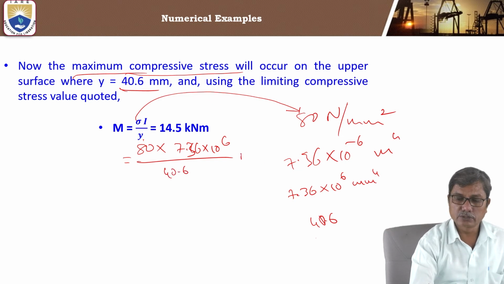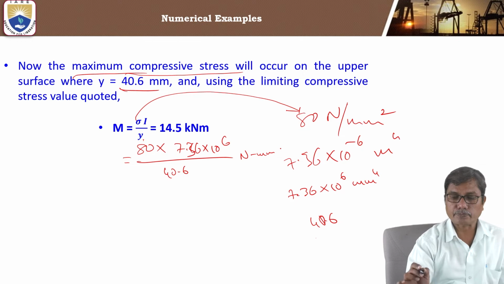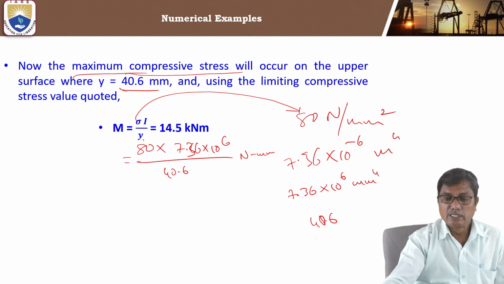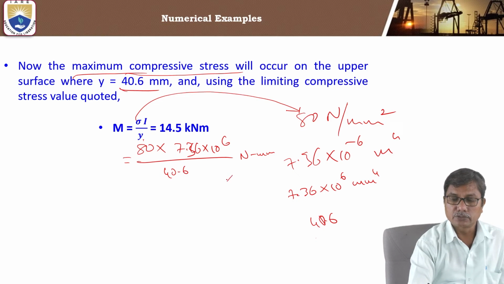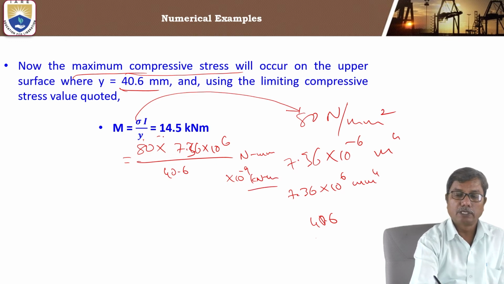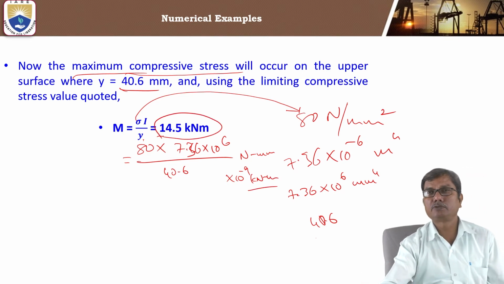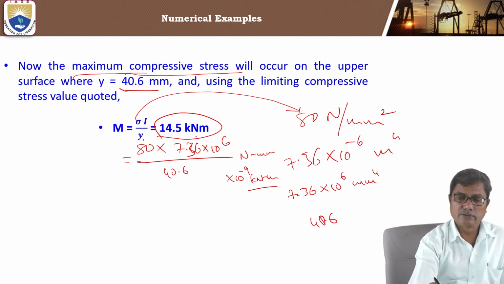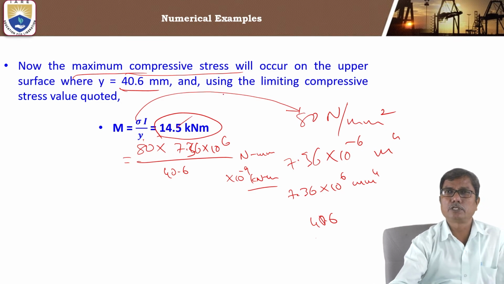So this gives the bending moment in Newton millimeters. Convert into kilonewton meters by multiplying by 10 power minus 9, and it comes out to be 14.5 kilonewton meters. Okay, after converting you will get 14.5 kilonewton meters.